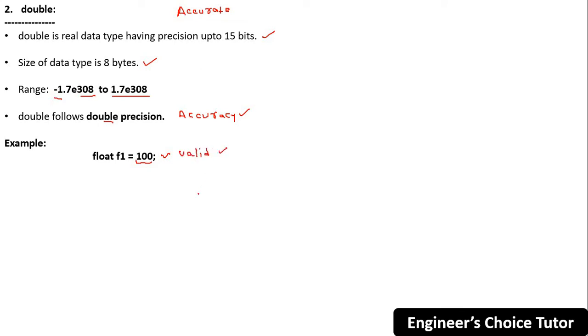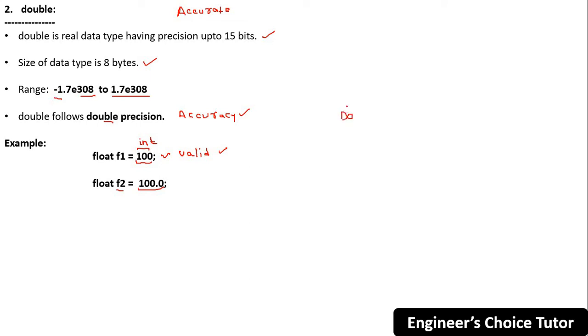Now the next thing. What I am trying to do is float f2 is equal to 100.0. In the previous case, the data was of int type, right? Because every integer number by default has the int data type. And every floating point number has the default data type double.